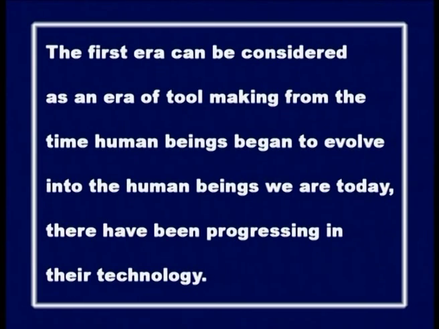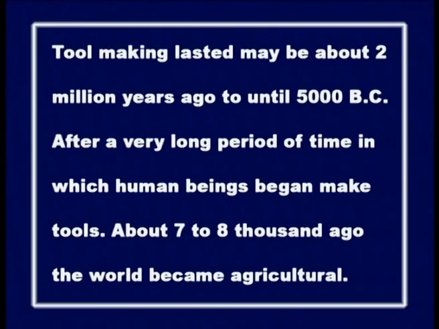They have been progressing in their technology so much that they were able to make tools. Tool making lasted from maybe about 2 million years ago until 5000 BC. That's a very long period of time in which human beings began to make tools.